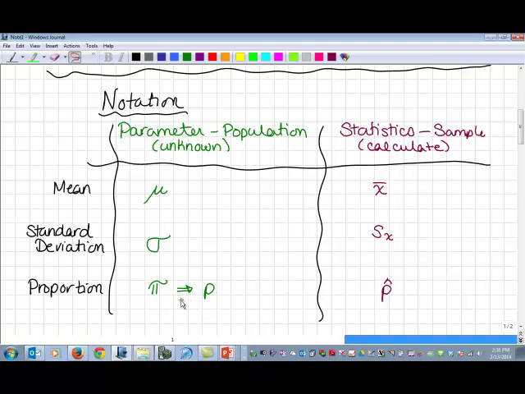However, since pi has a very special place in all of our hearts, we use p. And if I'm dealing with a statistic, it would be p hat. Remember, parameters are unknown. Statistics are something that we calculate from a sample to try and estimate the parameter.